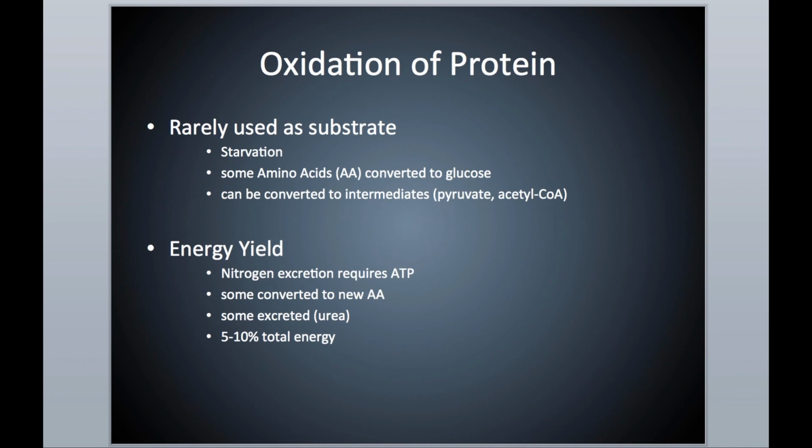Now, again, I referred to this a little bit before, but the energy yield is actually a little bit higher than what is represented usually. It's usually about 5.5 kcals per gram, but we need to excrete that nitrogen. So we end up using up some ATP, which brings the yield down to about what it is for glucose or carbohydrates. So it's not as efficient.